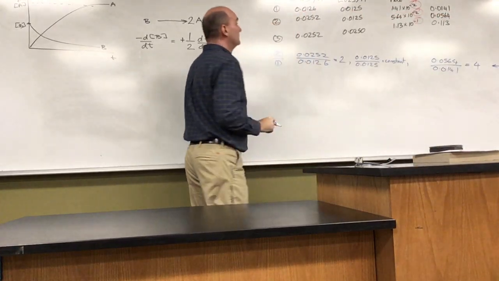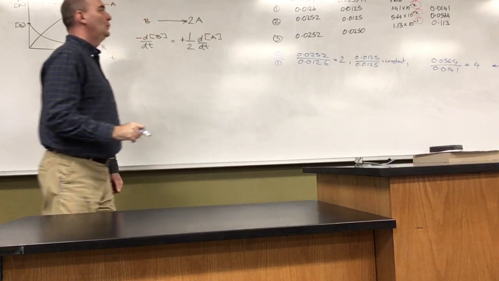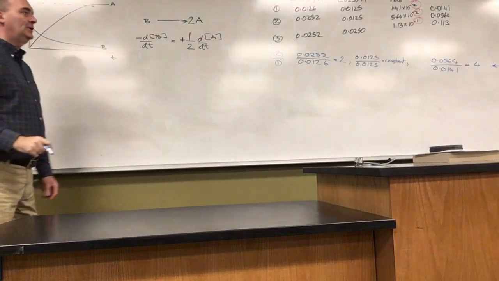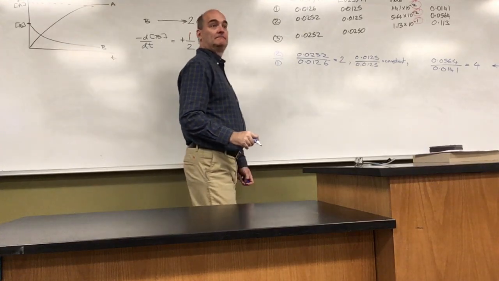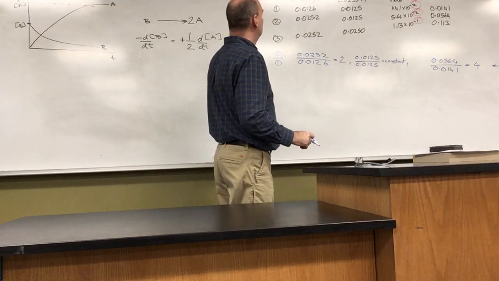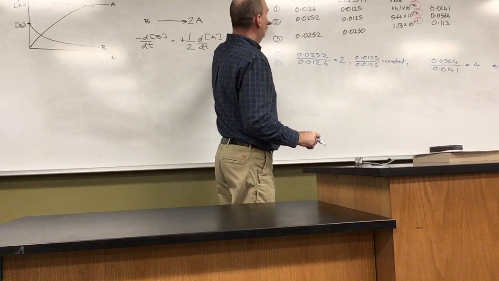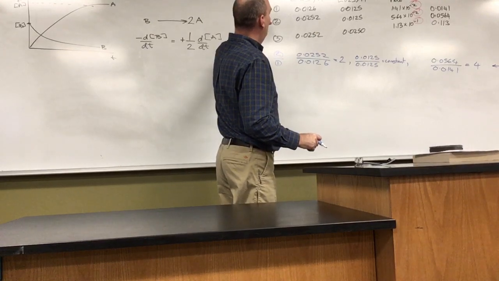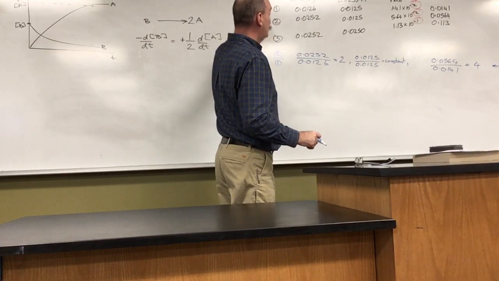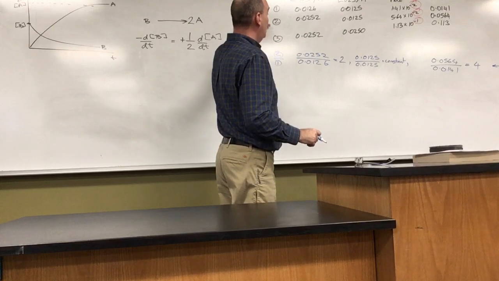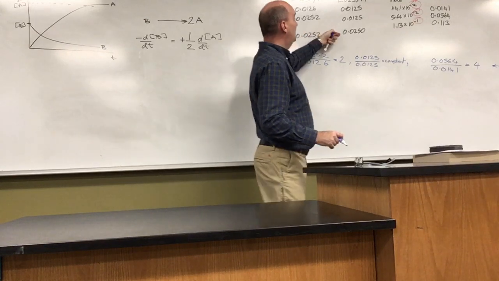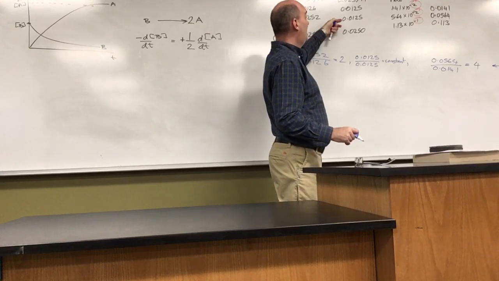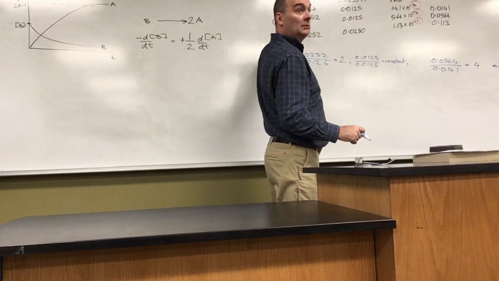Okay, which 2 rows am I going to use for the next experiment? These 2 to be constant, and this one is bigger than that one, so 3 on top of 2.